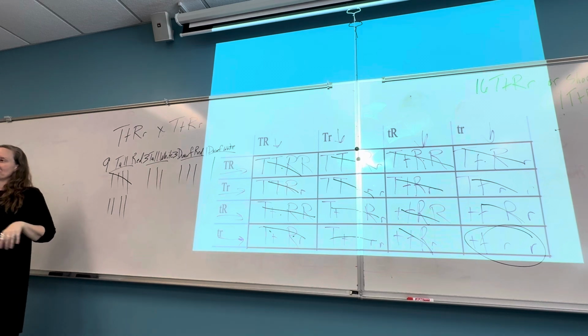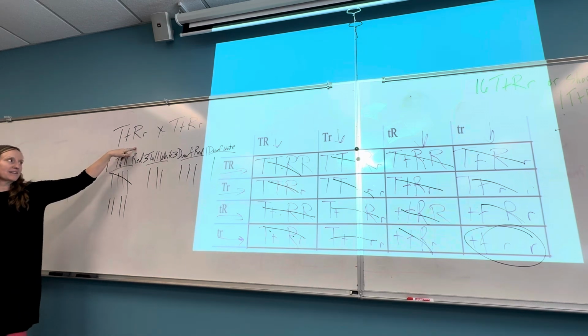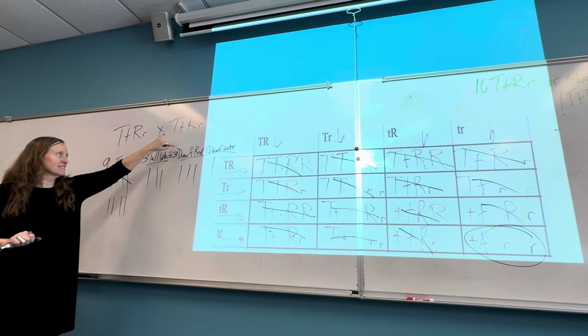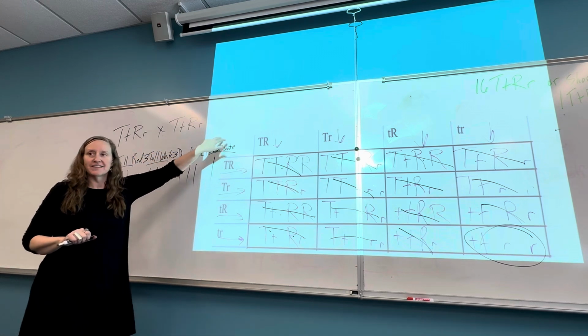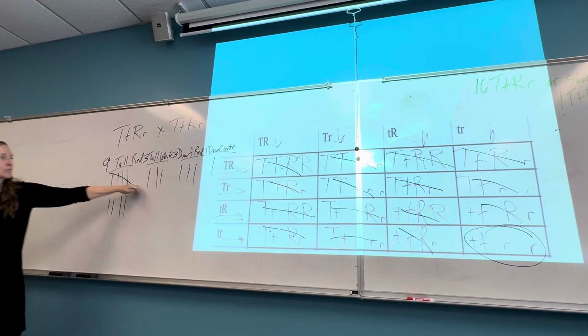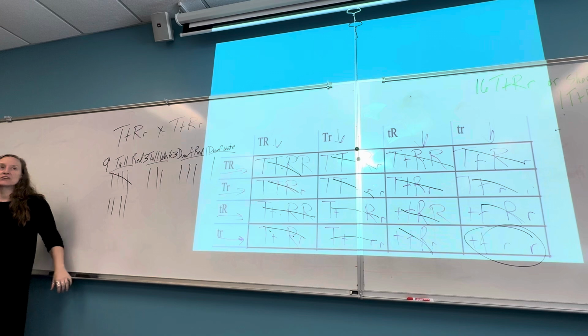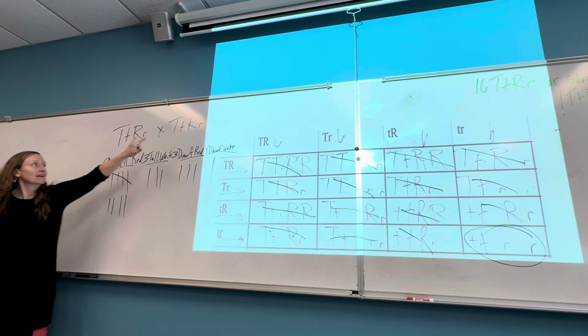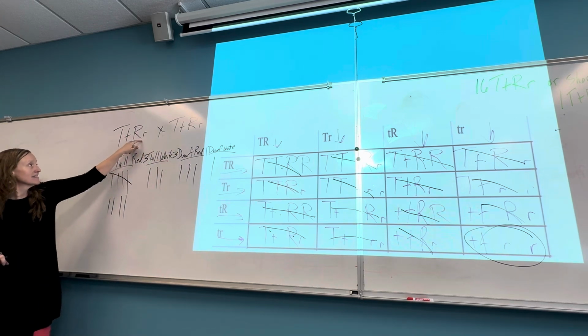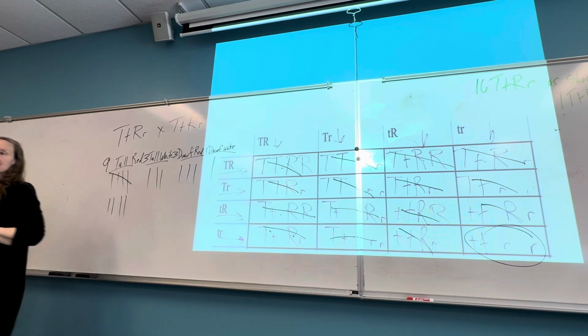See how I put them in order, right? Both dominant, dominant recessive, recessive dominant, both recessive. 9 to 3 to 3 to 1 phenotypic ratio when both parents are heterozygous for both traits.